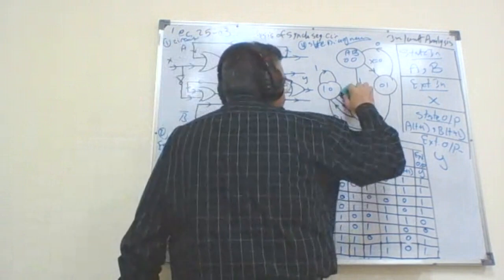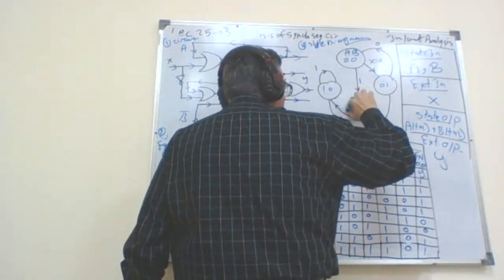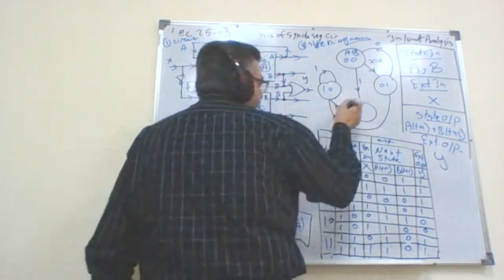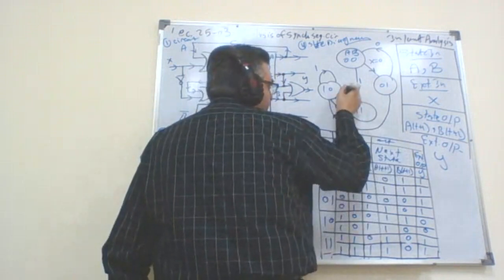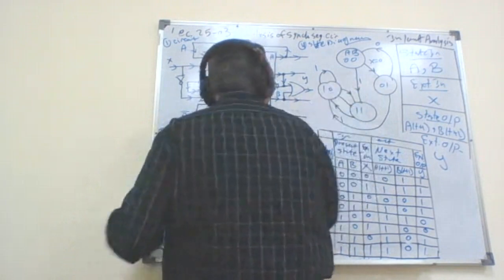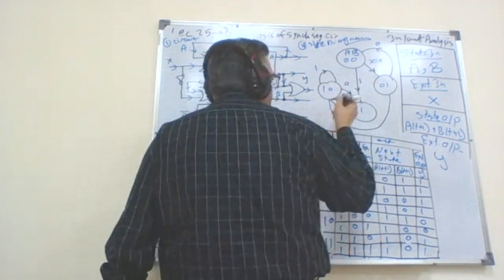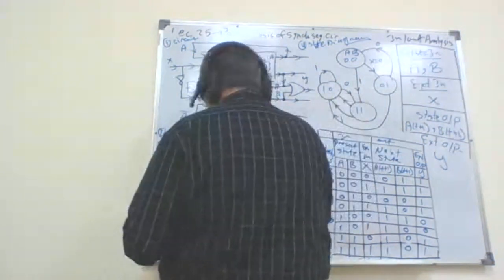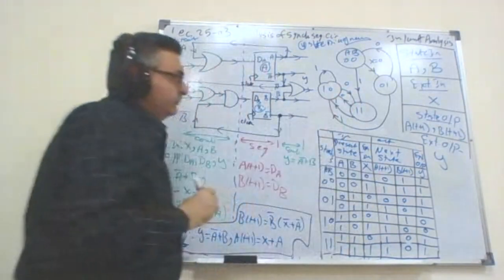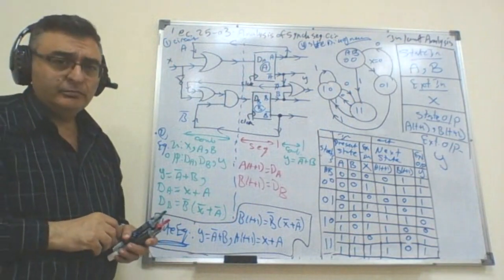Let me just give myself a little bit of space here. This was for 0, and this is for 0 and 1. Agree? Make sense?